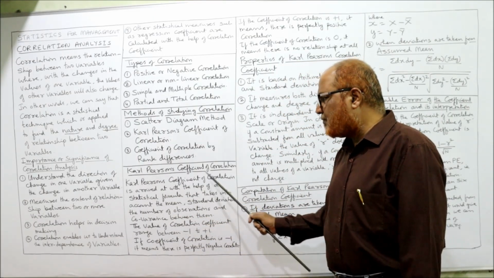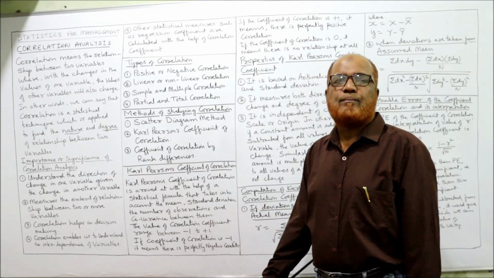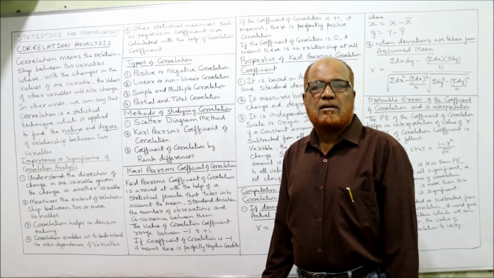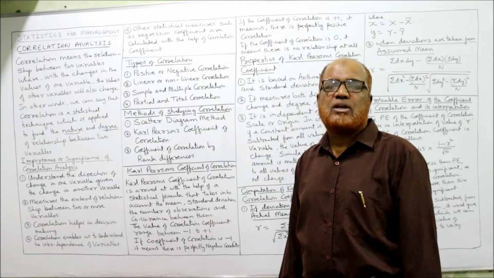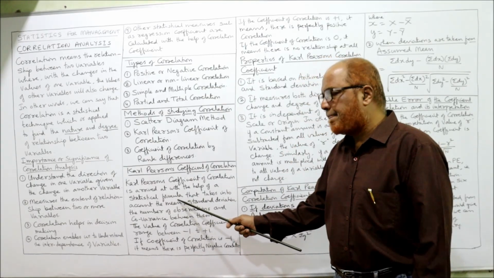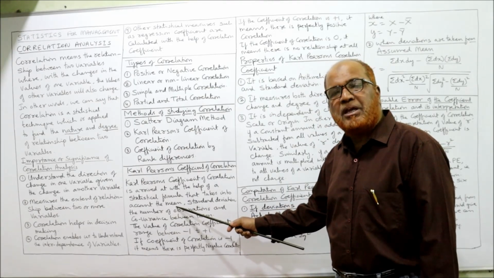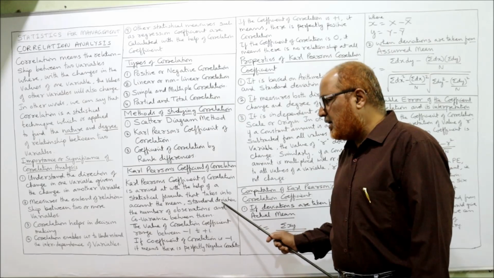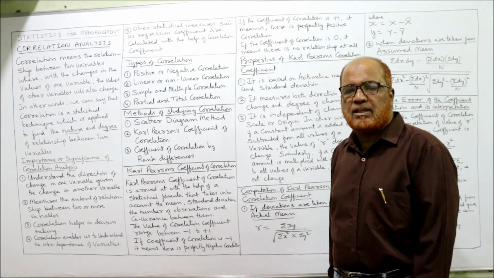Karl Pearson's coefficient of correlation is arrived at with the help of a statistical formula. Karl Pearson propounded this method of calculating the coefficient of correlation. His formula is based on the arithmetic mean. It takes into account the mean, standard deviation, the number of observations and the covariance between them.